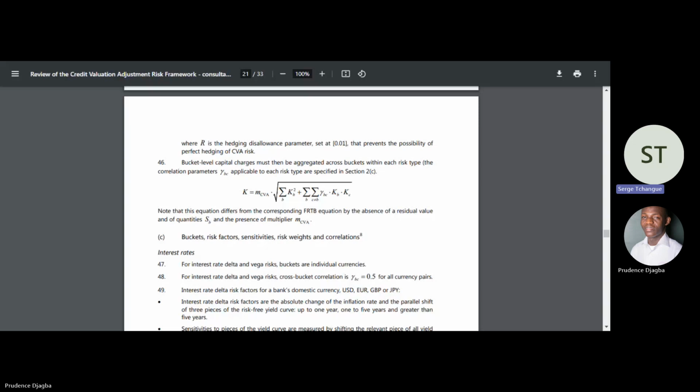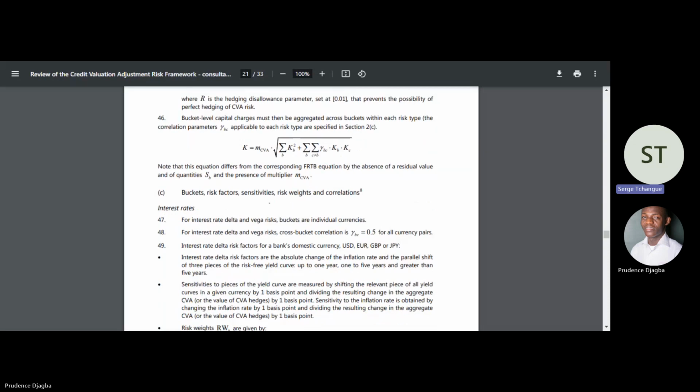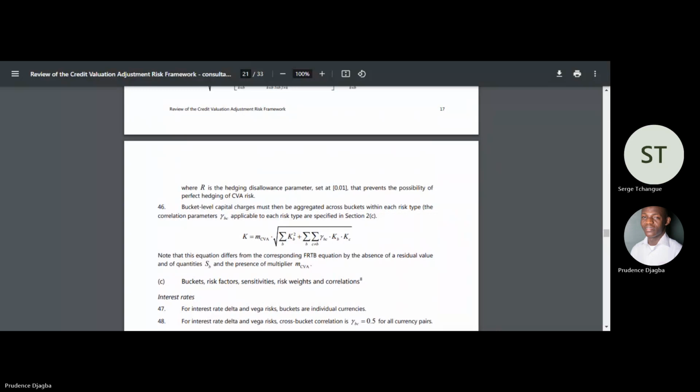Depending on the gap that you have, they can say your M is going to be more conservative or not. If they see that you're not meeting some of the requirements, because there's a long list of requirements, for example you say we're not modeling wrong-way risk yet, or we're not modeling proxy curves properly, they give you a penalty. That factor is a penalty to increase your capital.